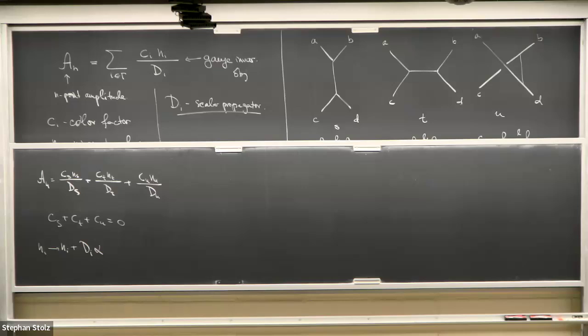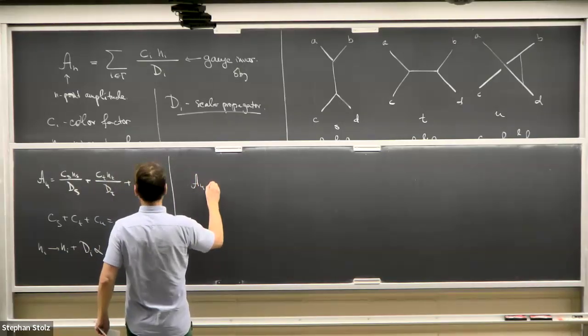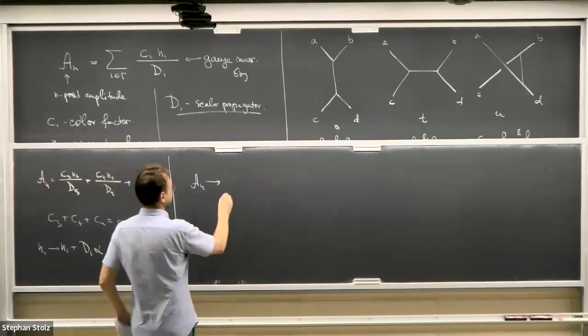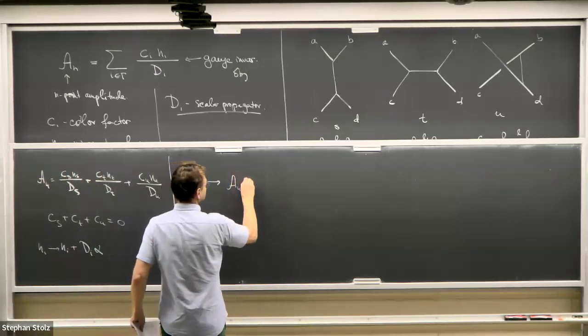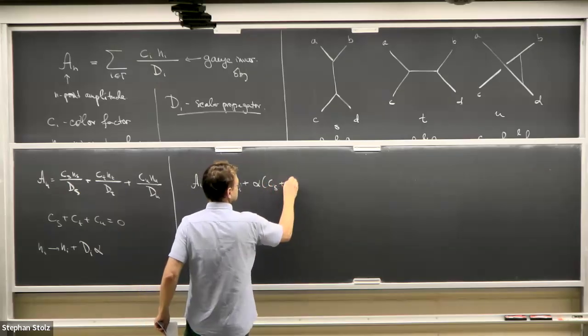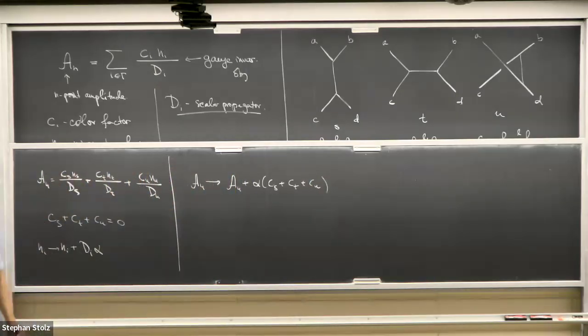If I shift my amplitude like this, A4, then under this shift I get A4 plus alpha times (c_S plus c_T plus c_U). What kind of quantity is alpha?